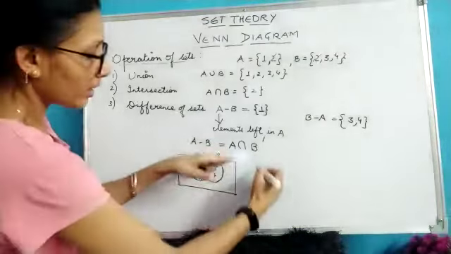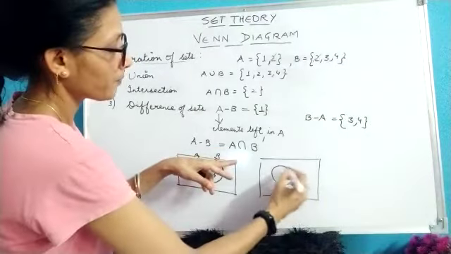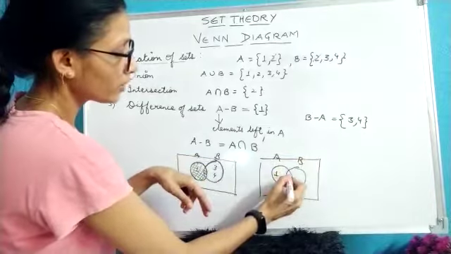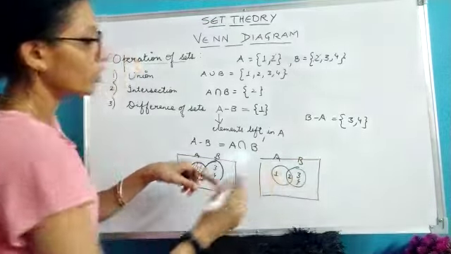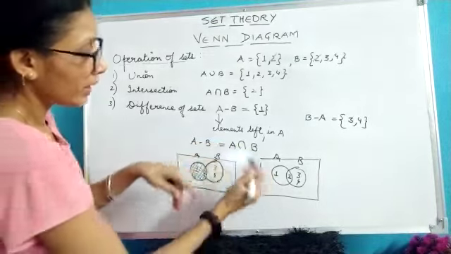Now children, if I represent this is A and this is B, again this is 1, 2, 3 and 4. What does it mean here? A intersection B complement. A is what?